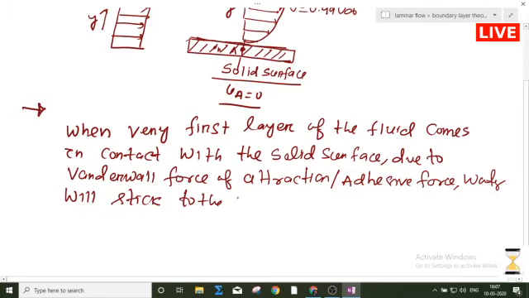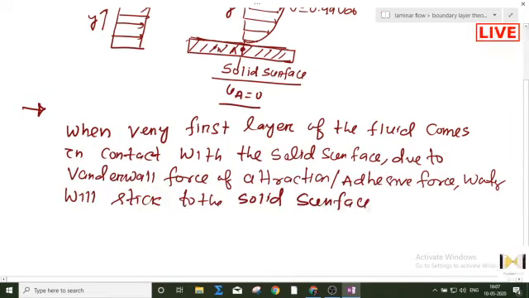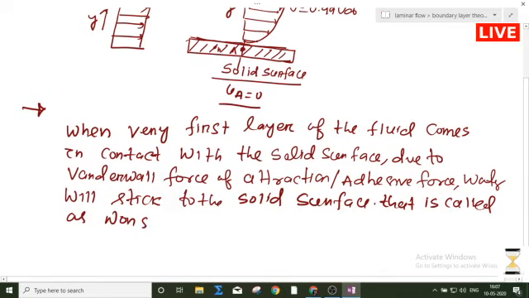It will just make a layer and be at rest on that solid surface. That is known as the no-slip condition, where the velocity of this particle will be 0.